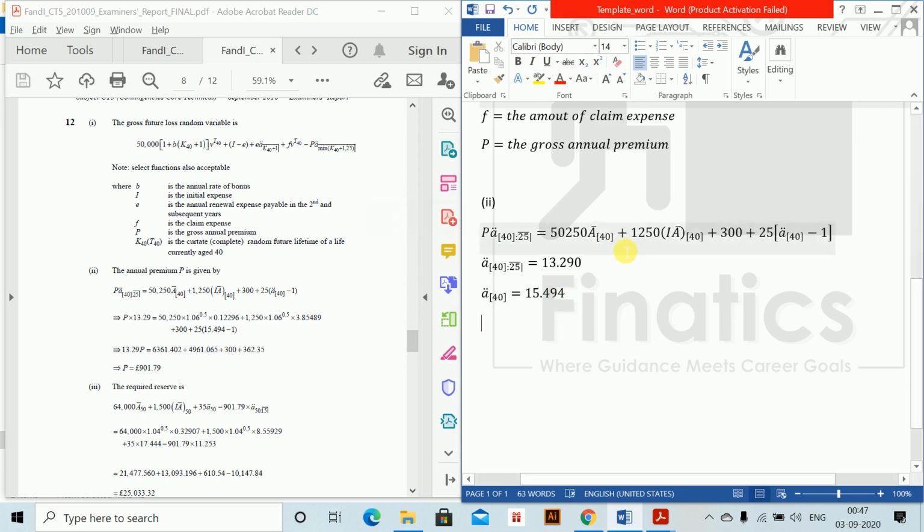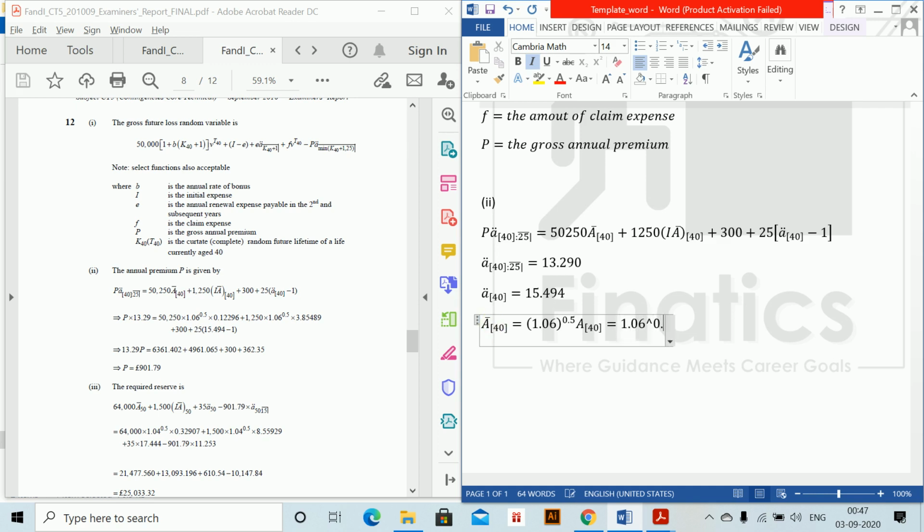Also, Ā_40 is equal to 1.06 to the power 0.5 times A_40, which is equal to 1.06 to the power 0.5 into 0.12296, which is equal to 0.12660.